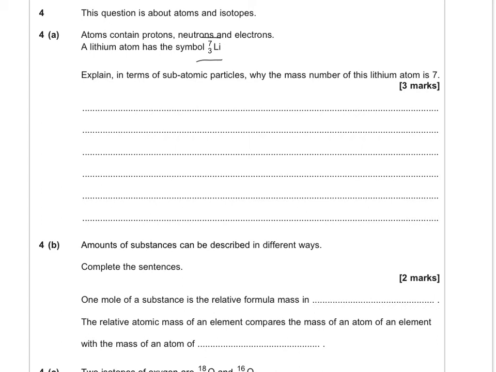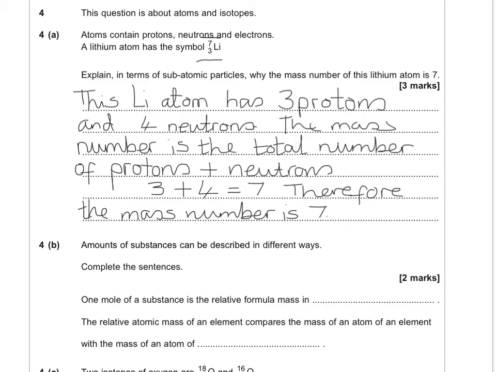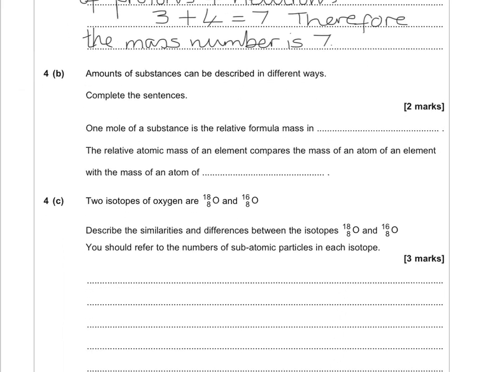Okay, so for this one, you've got to say that there are 3 protons, and we can tell this by the proton number or atomic number, and there are 4 neutrons, and the mass number is the total of protons and neutrons added together. You could also include in there, just for completion of the answer, that protons and neutrons have got a relative atomic mass of 1, although this is not needed for you to collect the 3 marks.